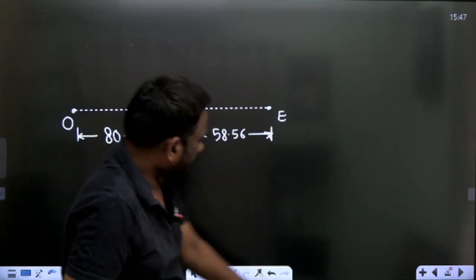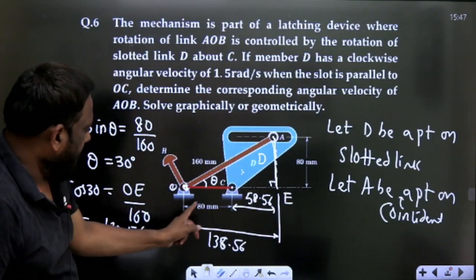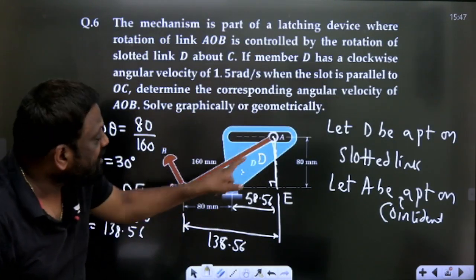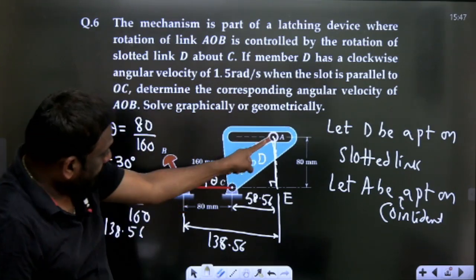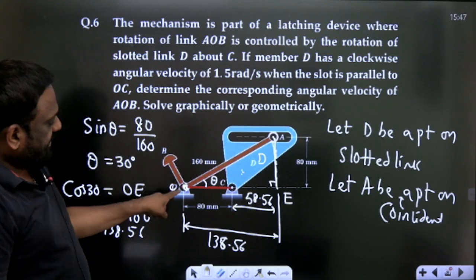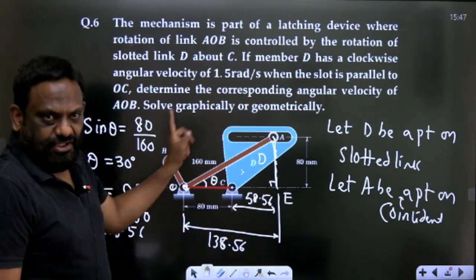ठीक है. Okay. OCE, 58.56. See, OA, where is A? A is on this red link. Very good. And this red link is fixed about this point and making a rotation.